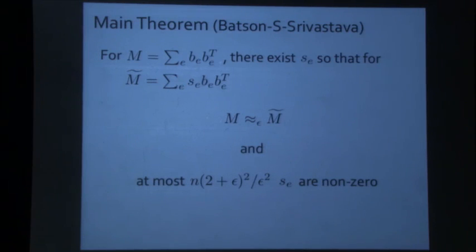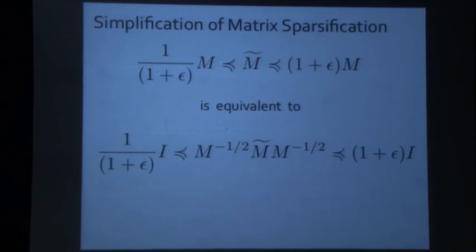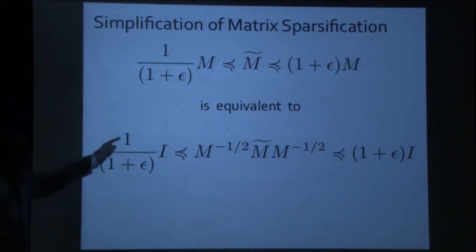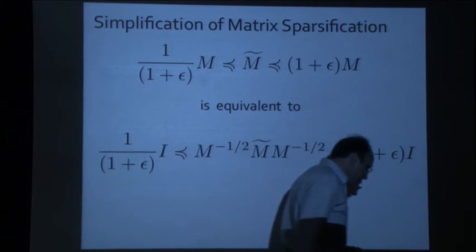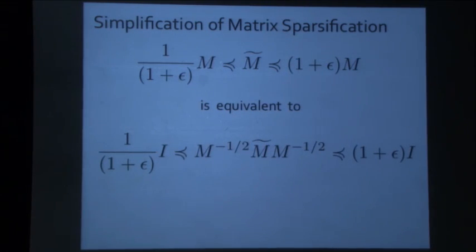Now, we're going to simplify this problem quite a bit by turning it into something that looks a lot like approximating the complete graph. When I tell you that M tilde is an epsilon approximation of M, I can take these inequalities and multiply by the square root of M inverse on either side.